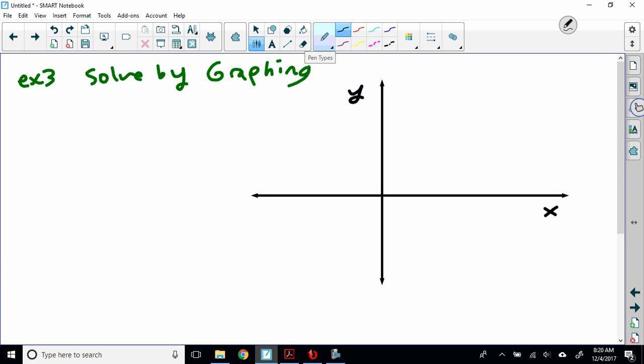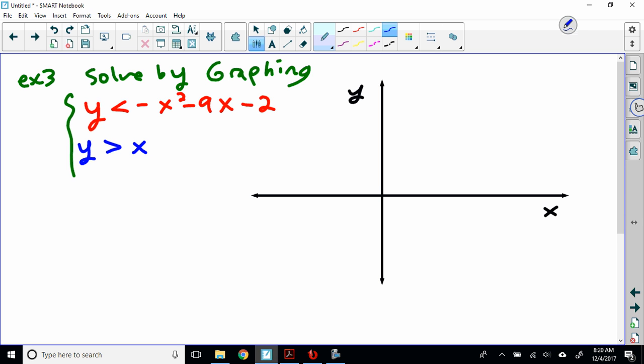I'm going to use two different colors for each inequality. The first one's going to be y is strictly less than negative x squared minus 9x minus 2. And then my other inequality is going to be y is strictly greater than x squared minus 2.